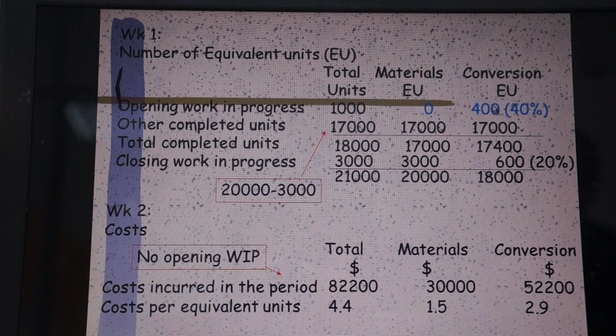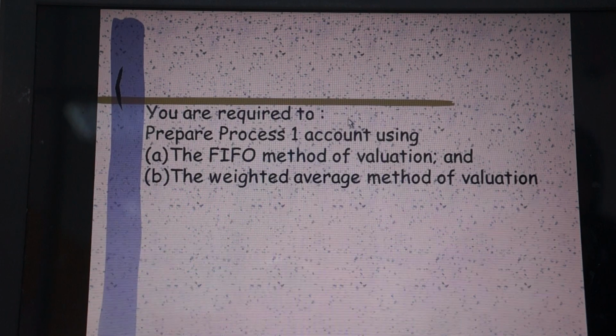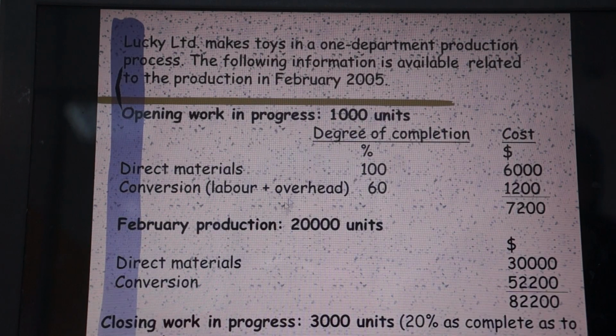Maksudnya 60% tadi telah siap pada tempoh lepas, hanya 40% perlu disiapkan dalam tempoh semasa. Sebab tu unit setara siap pada tempoh ini adalah 40% daripada 1,000 unit. Okay, so other completed unit is referred to the 20,000 unit produced in February.